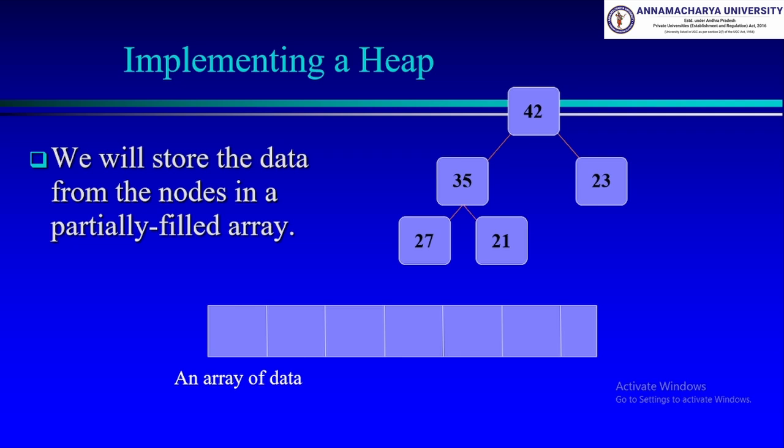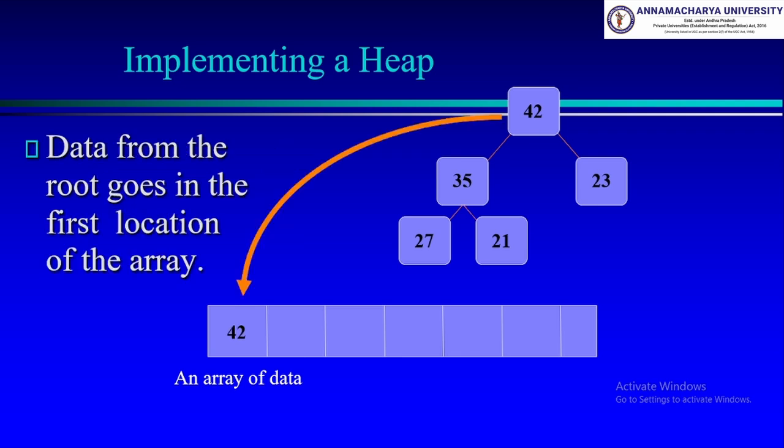So it is a heap tree, and we store the data from the nodes in a partially filled array. The array has subsequent memory locations. The root comes into the first location, or first partition, of the array.